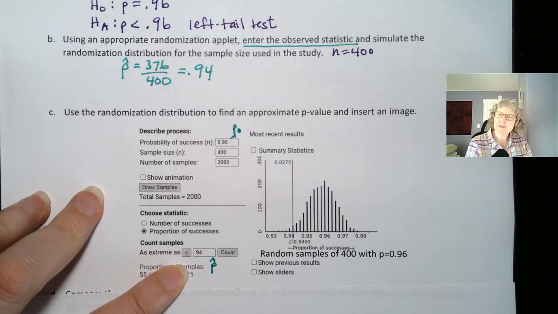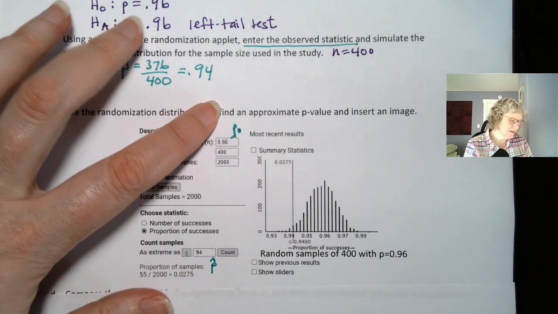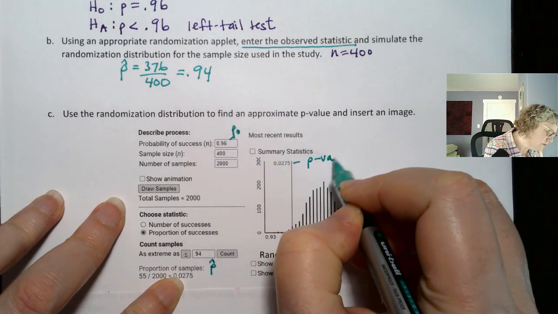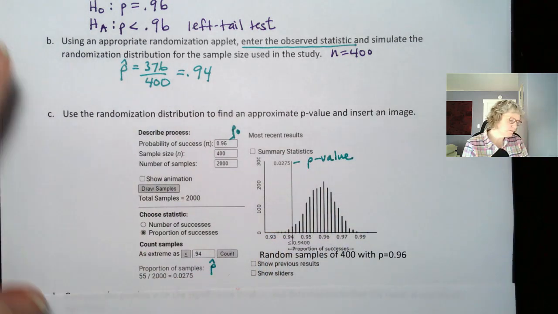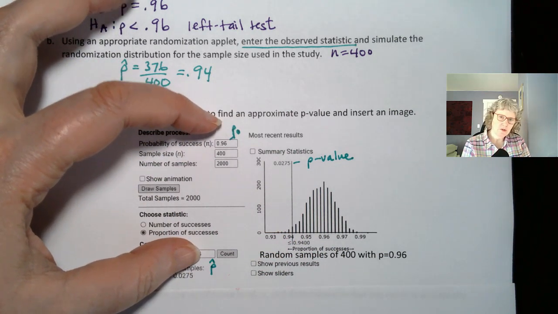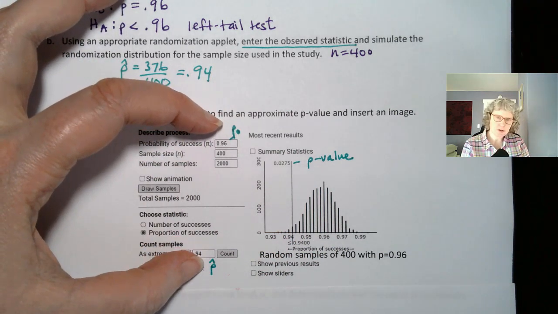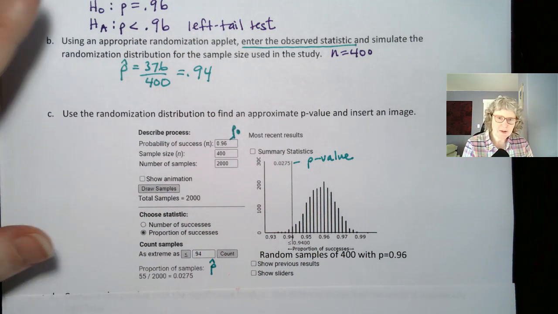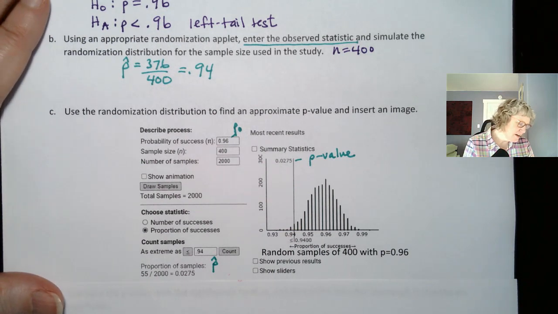There's a lot of p's. Are you noticing that? We have p0, p hat, and p-value. These two p's are for proportion, right? Our null proportion and our sample proportion. This p is for probability. I know it doesn't help that much, but there's just a lot of p's.